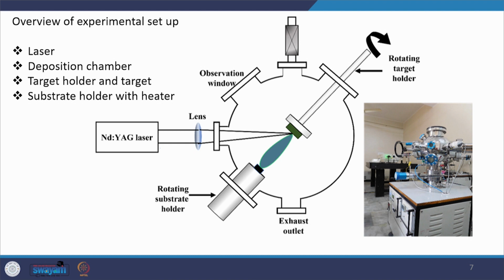One can do spectroscopic measurements of whatever species are coming from the target, and analyze those species, their velocity, and the temperature of the plasma. All these things one can monitor, sometimes in situ while depositing the thin films.